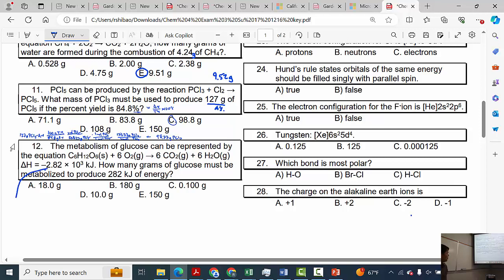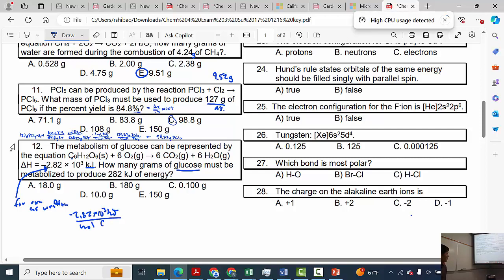This kilojoules is for the reaction as written, per 1 mole of glucose, per 6 moles of O2, per 6 moles of CO2, and per 6 moles of water. And so we could use this as a conversion factor.